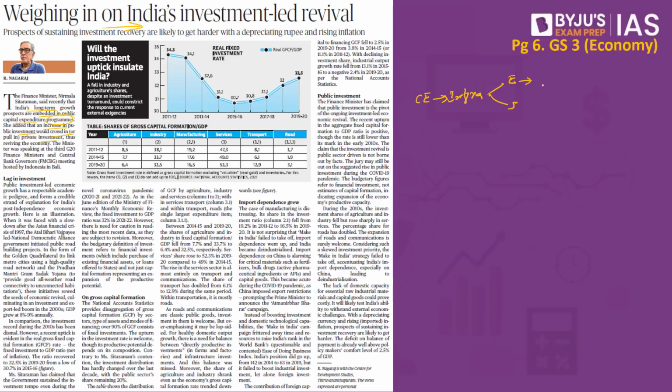Let's say, for example, the government is investing huge amount of money for the development of airports. It is also constructing new roads as well, highways, railways, water and sewage systems, public electric and gas utilities. These are the ones which fall under the economic infrastructure. So development of roads, railways, airports, so on and so forth is called as the economic infrastructure.